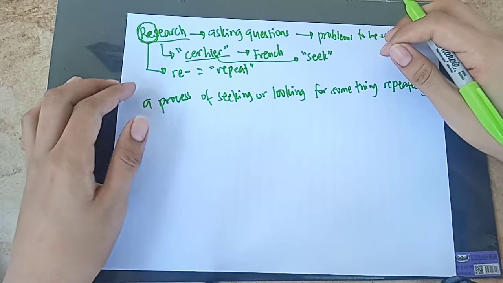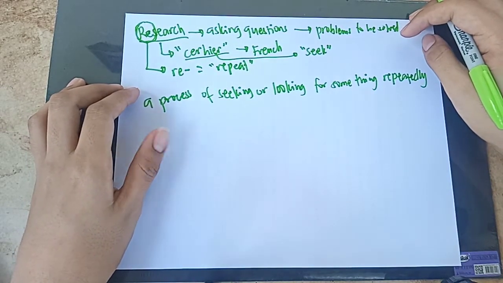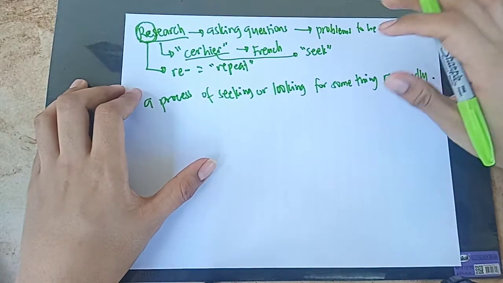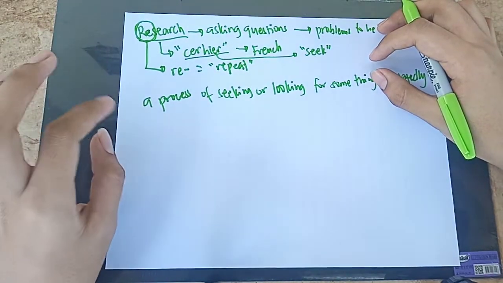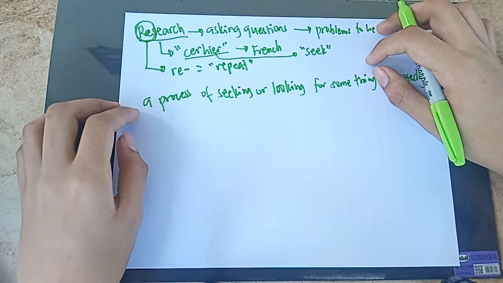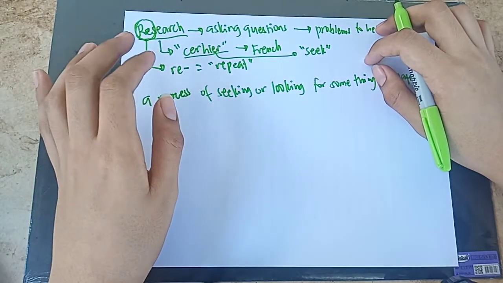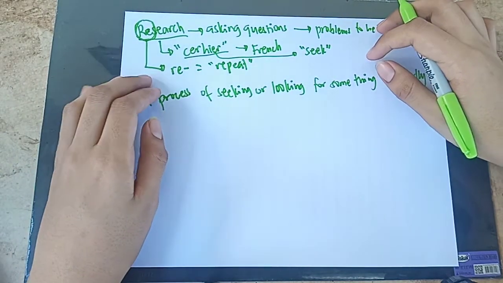A process of looking or seeking for something repeatedly. So that is another definition of research coming from the prefix re and the French word chercher.